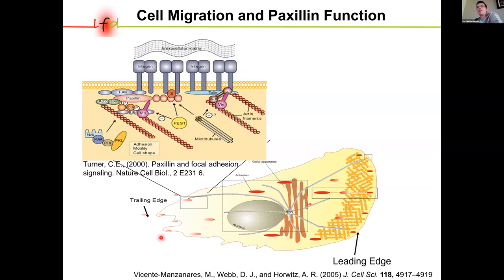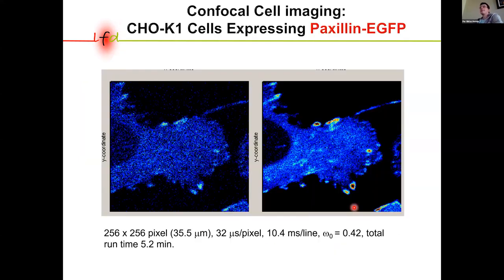And one of those molecules involved is called paxillin. This was fluorescently tagged by using a fusion construct, where the DNA for paxillin was fused to the DNA encoding the green fluorescent protein, and then expressed in CHO-K1 cells.